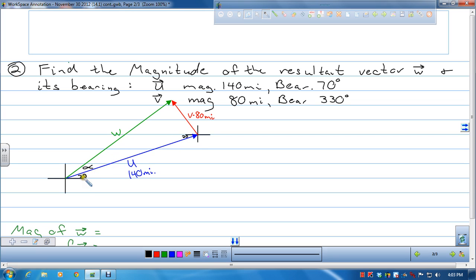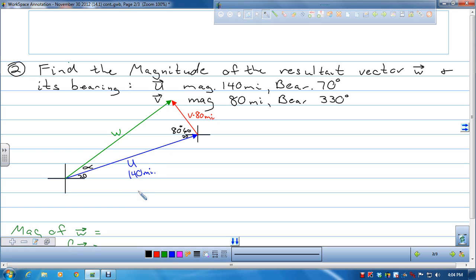I know what this is up here too, right? I went around to 270 and then all the way to 330. So that would be another 60, which would make this whole thing 80 degrees, right? 80 degrees right here in this angle. I know this is 140 and this is 80.